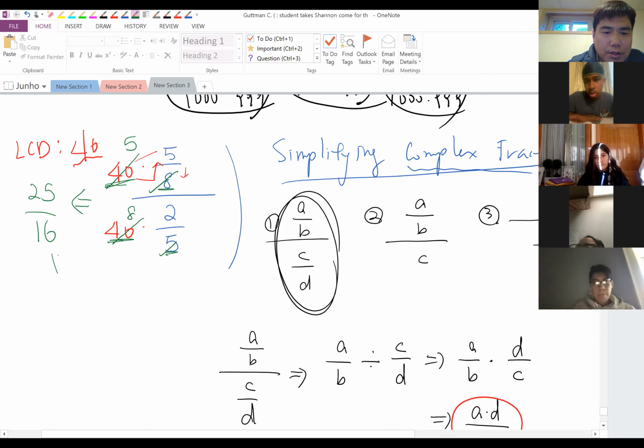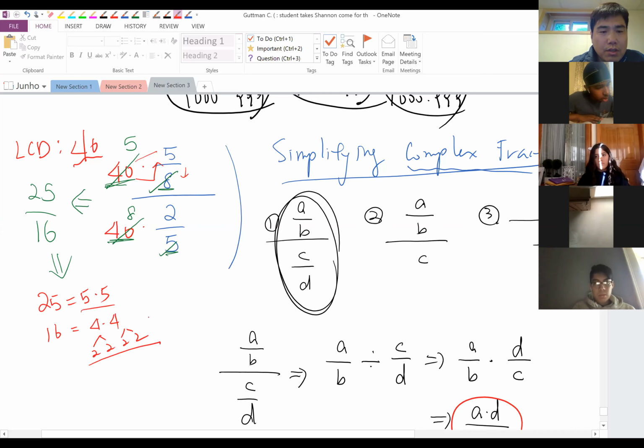We can find out by their prime factorization. 25 means 5 times 5. 16 means 4 times 4, which means 2 times 2. As you see, there is no common factor, so we cannot simplify further.